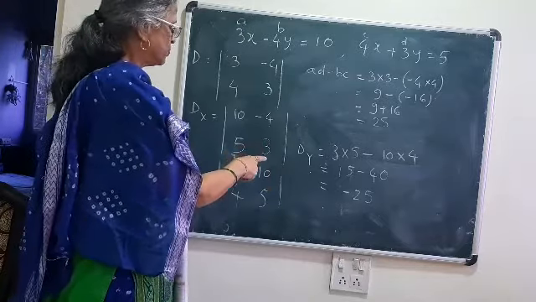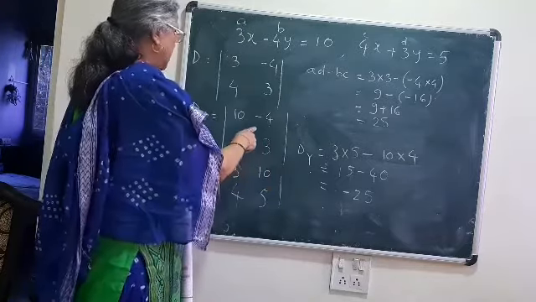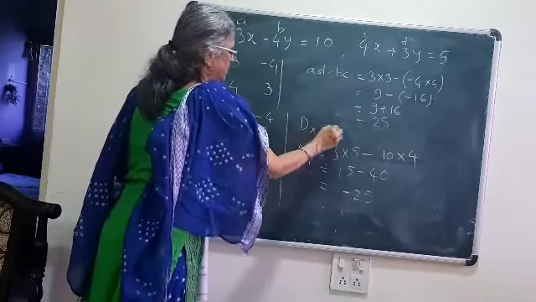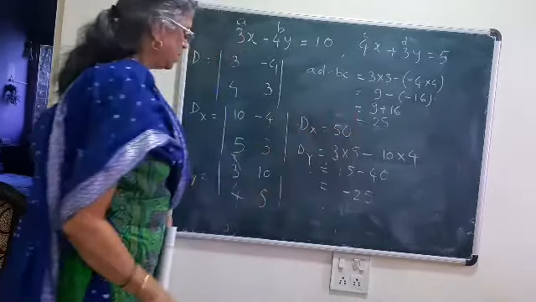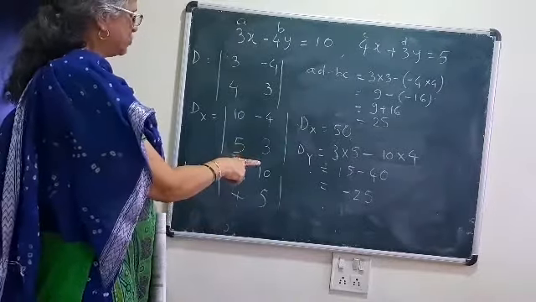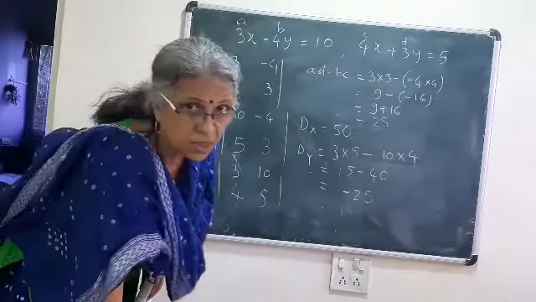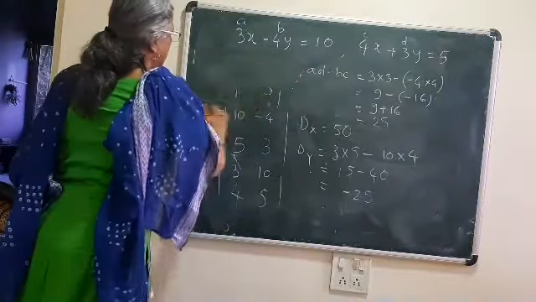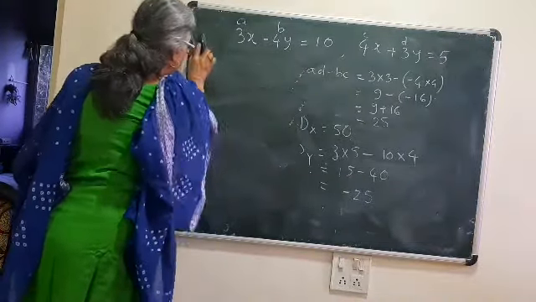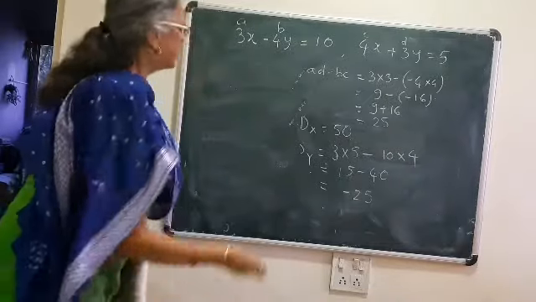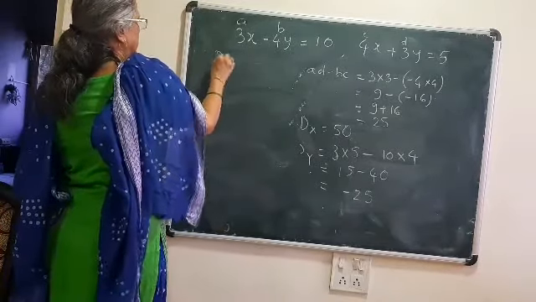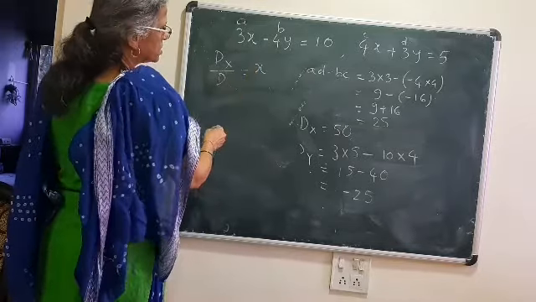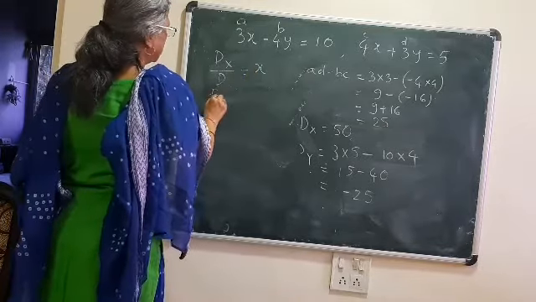Dx, how much did we get Dx? 30 plus 20, 50 we have for Dx. And Dy we have minus 25. So after getting these three, the next step is we are going to find out x and y. Dx upon D gives x. So Dx is how much? 50.